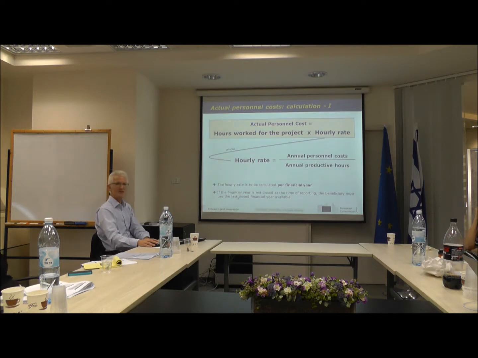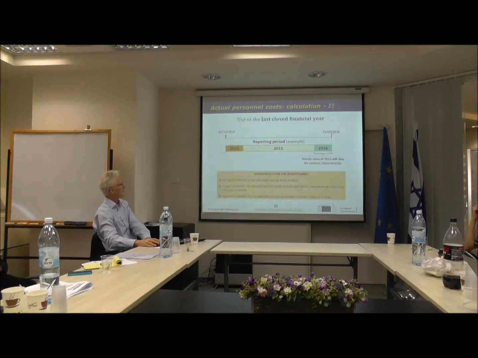When the financial year is not closed for a reporting period, so you have a part of the year for which you do not yet have these data, you use the data of the last year. This is different from FP7, because in FP7 you have the possibility to claim corrections next time. Now you cannot. So what you report is the final value, always using the last year.